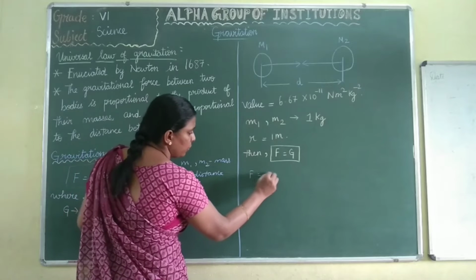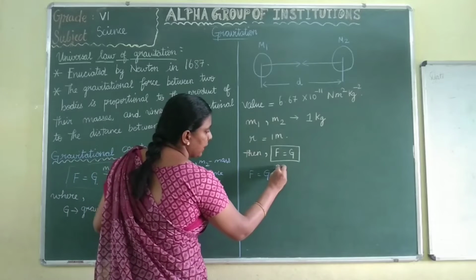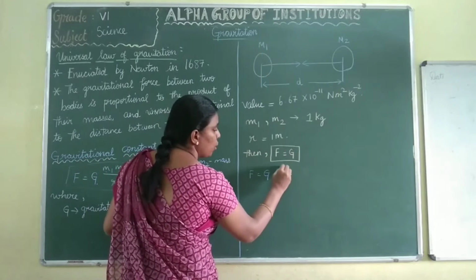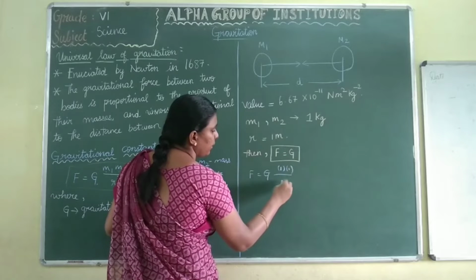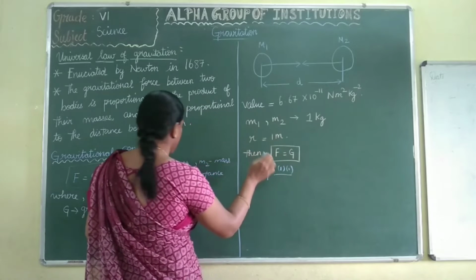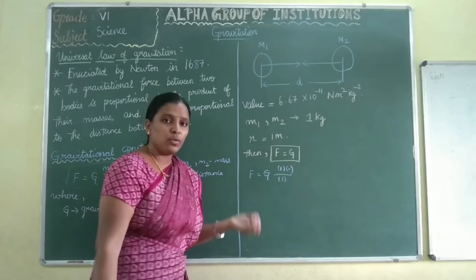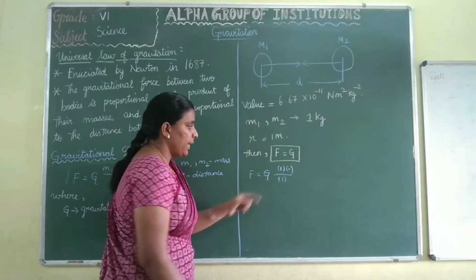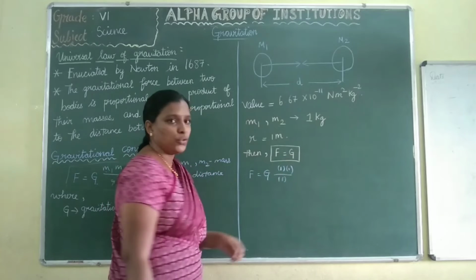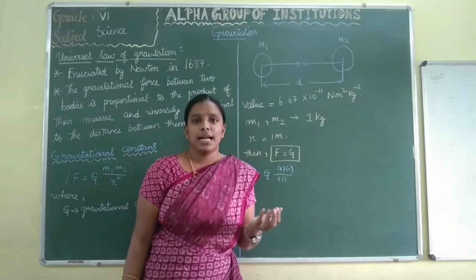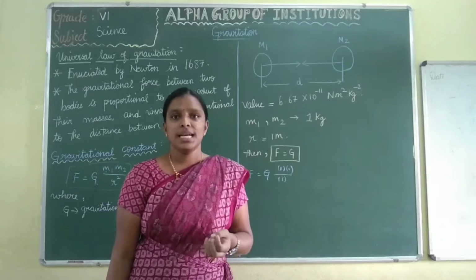F is equal to G, then m1 and m2 are 1, and r square is 1, which is the same as 1. So all together it is 1, and F is equal to G.